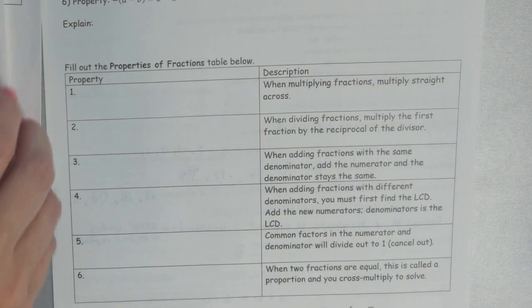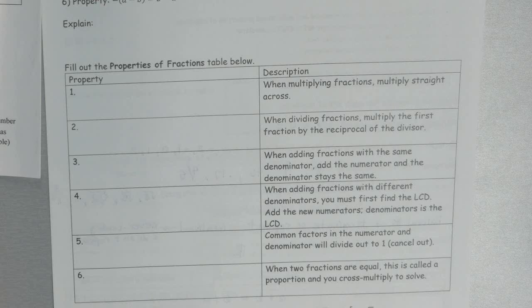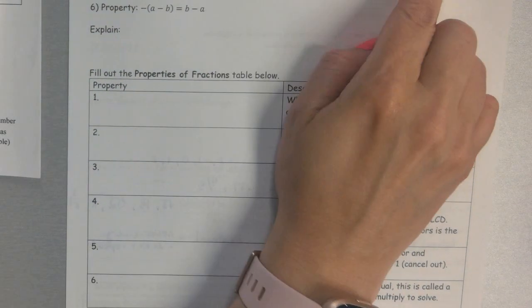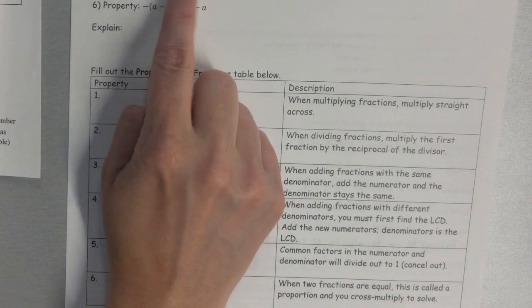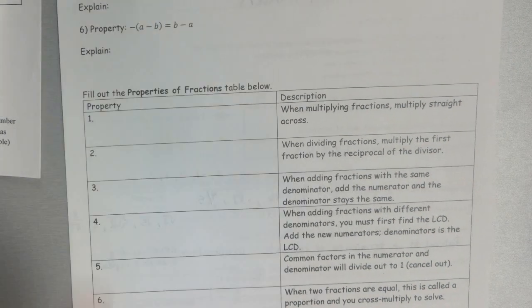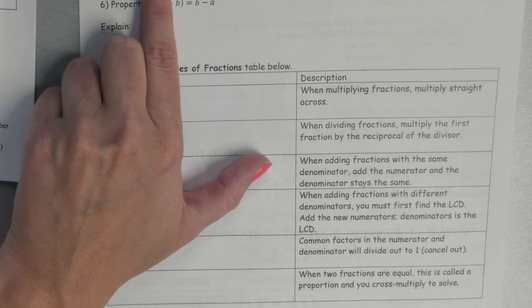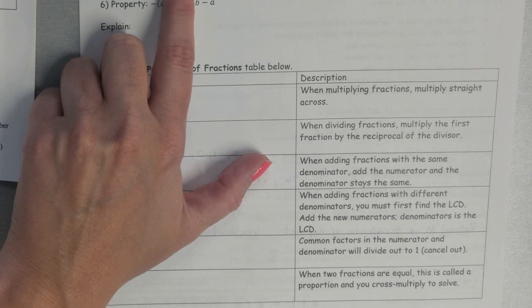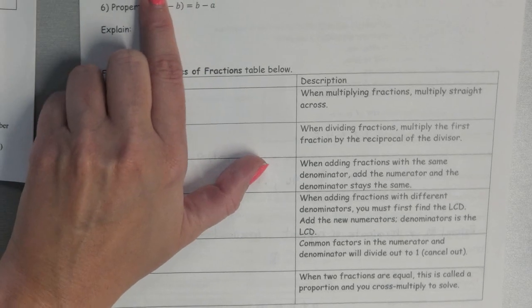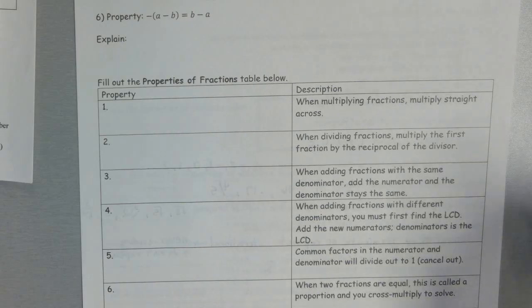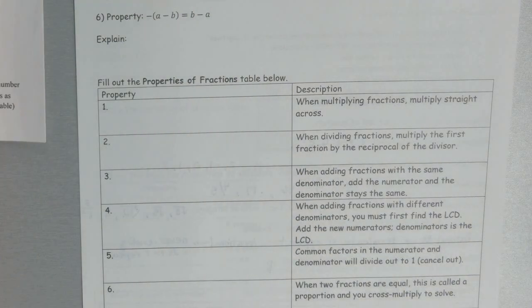Okay, so I'm going to put this table up for you in a second. And it says after reading through that, explain property number 4 and 6 in your own words. I put the properties here for you. Okay, so explain this property, which is negative A times negative B equals AB. Okay, so what's happening here? You're multiplying two what? Multiplying two negatives together, and their product is a positive.